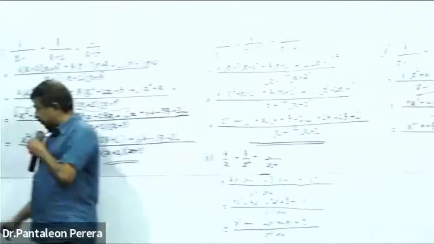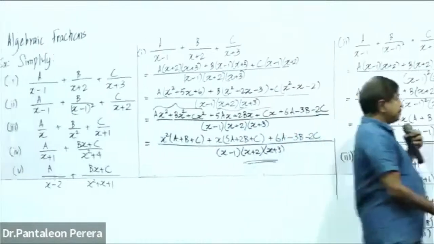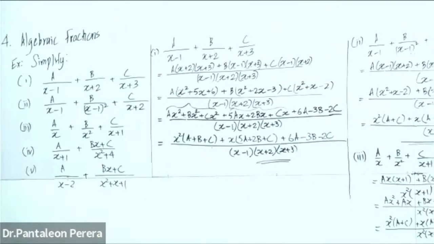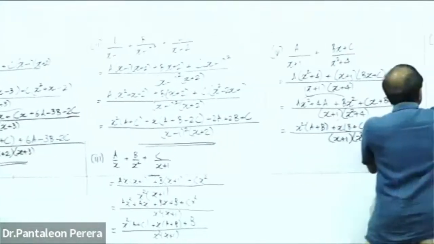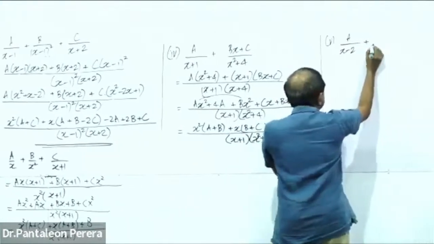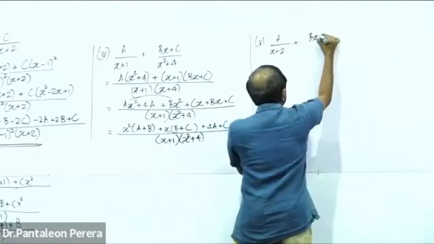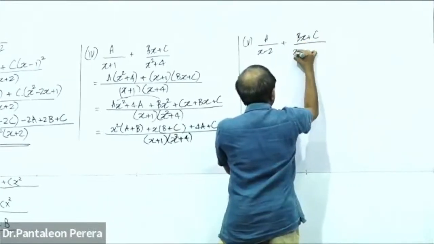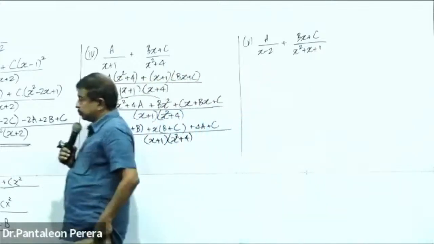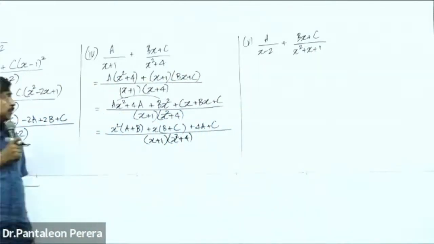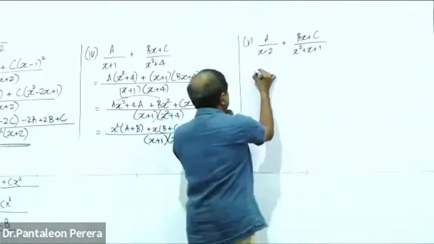So let me do this as well. A over x minus 2, right. Again, what is the common denominator?